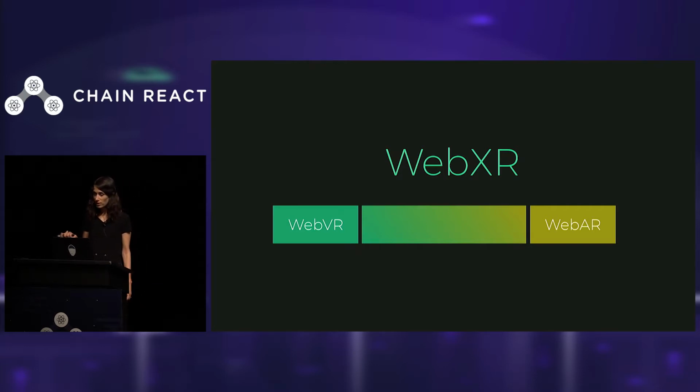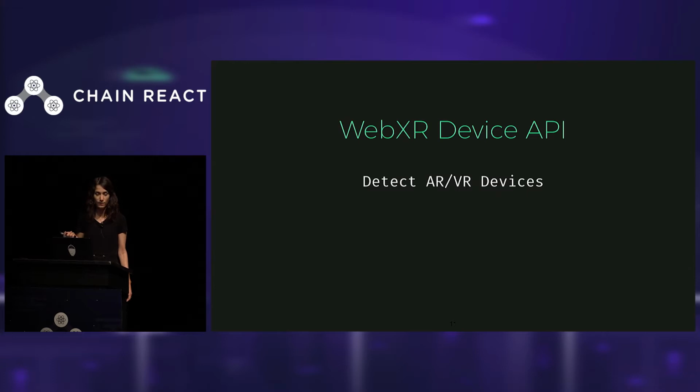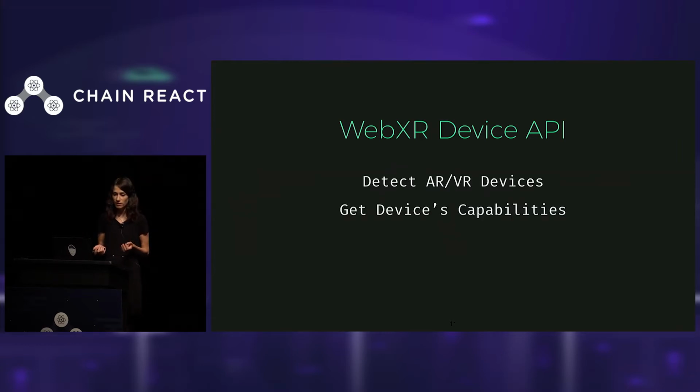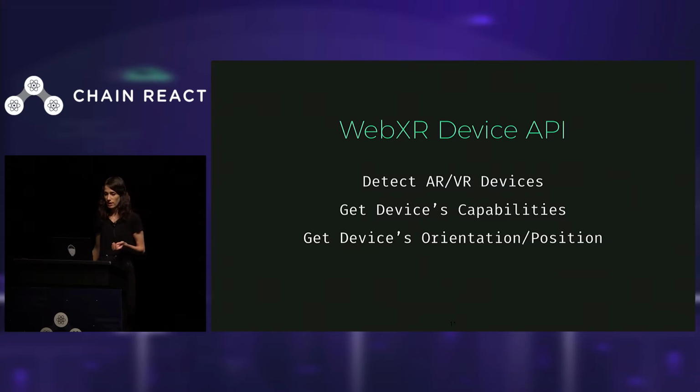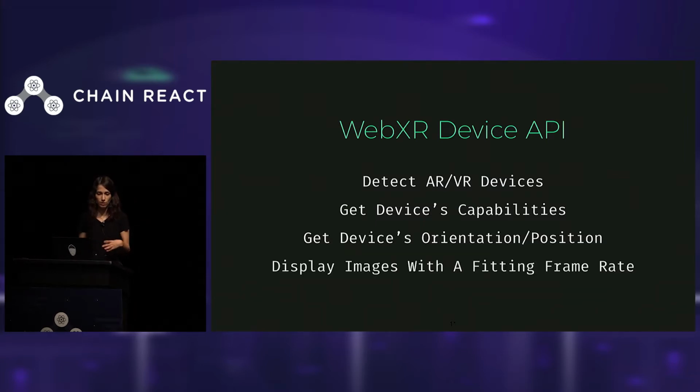And therefore, the W3C Immersive Web Community Group is working on a new API called the WebXR Device API. And this API aims to detect devices with virtual or augmented reality features and get their capabilities. The API also intends to get a device's orientation and position and to render images to the devices with an appropriate frame rate.